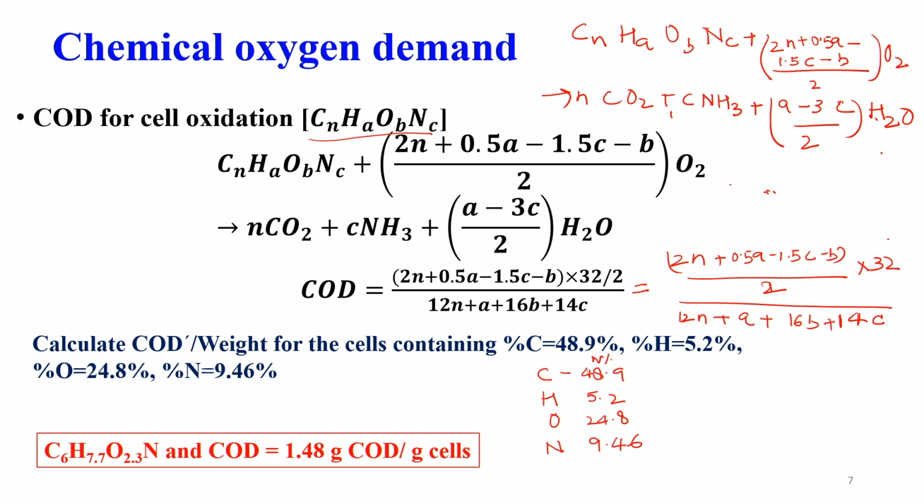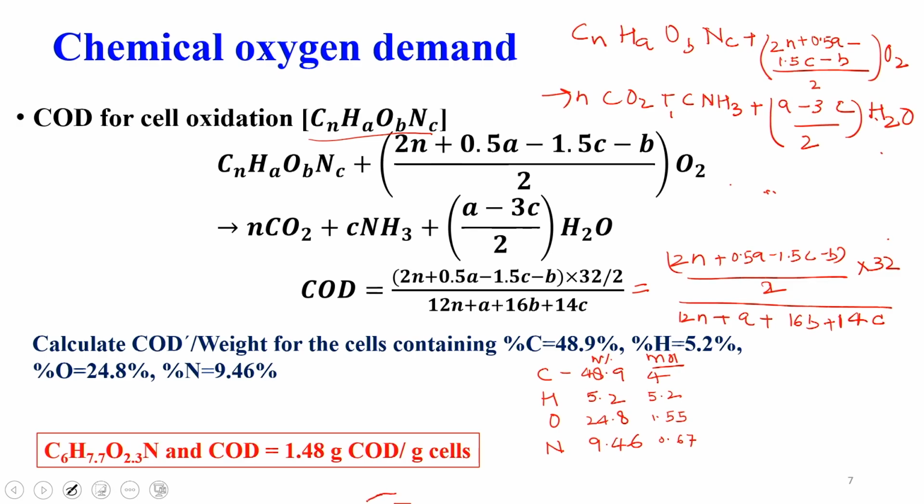What we have to do is divide by the molecular weight, and this will be converted into the respective moles. Dividing carbon by 12, this will be approximately 4 moles. Hydrogen remains the same, 5.2. Oxygen I divide by 16 and get 1.55, and for nitrogen I divide by 14, so this will be 0.67. So what is the molecular formula of the cell?